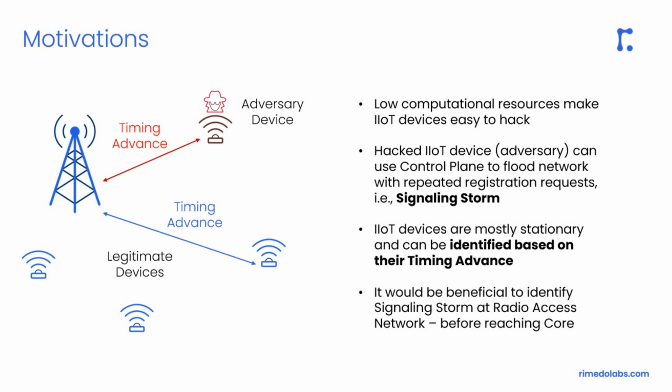It would be beneficial to identify adversary devices in the early stage of the registration process in the radio access network to protect the core network resources. This can be hard to achieve in state-of-the-art mobile networks, where both hardware and software are typically provided by a single vendor with only a limited possibility of affecting their configuration.